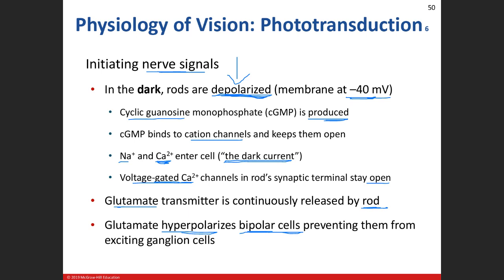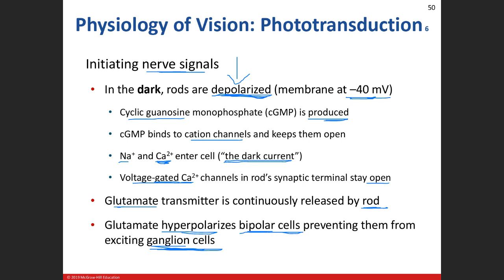Because of this hyperpolarization, we know what depolarization is: we're making something less negative or more positive. With hyperpolarization, we're making something even more negative. If we're making it more negative, we're moving it away from the threshold value. So guess what happens? The ganglion cells are prevented from being excited. Then the story ends there, because it's the ganglion cells whose axons form the optic nerve.